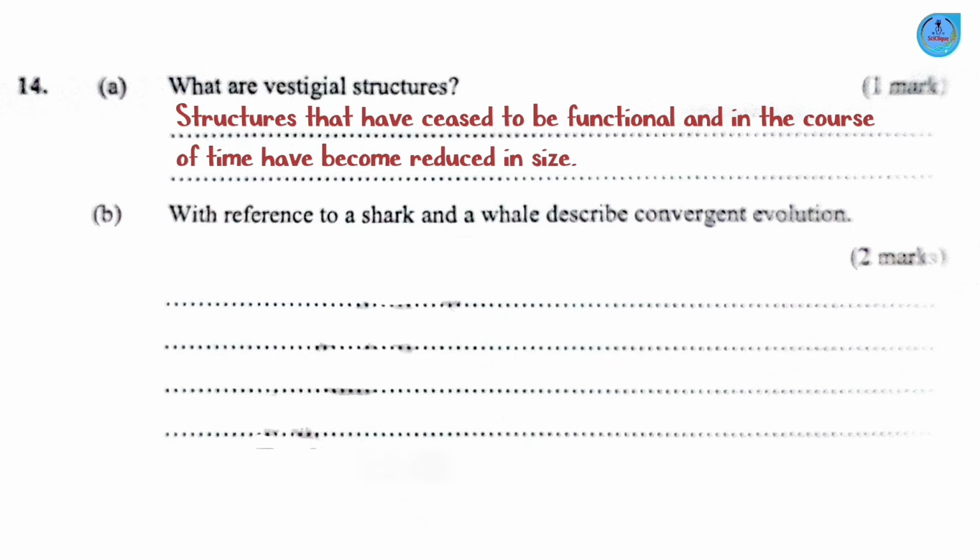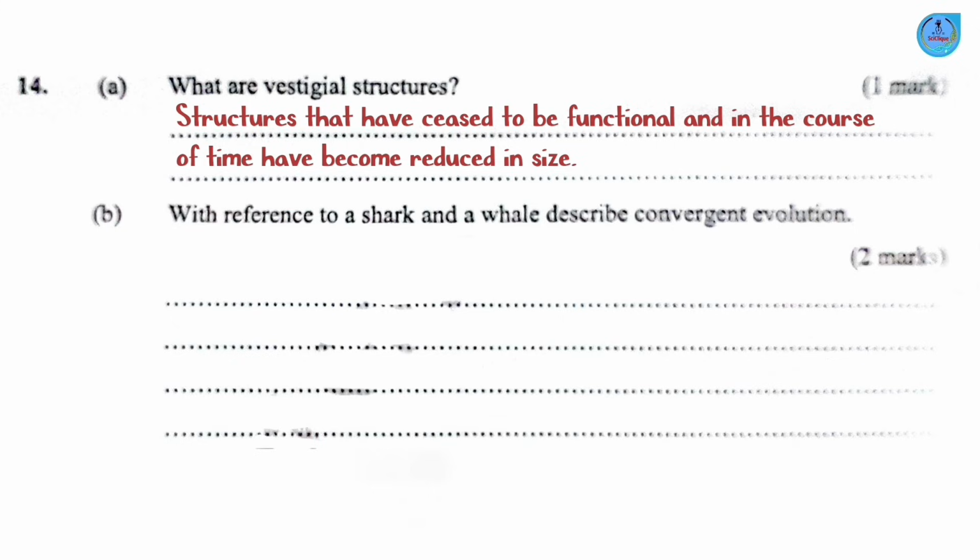Part B. With reference to a shark and a whale, describe convergent evolution. Now, sharks are fish, right? They belong to class Pisces. Whereas whales are mammals and therefore they belong to class Mammalia. So you can clearly see we have 2 organisms that belong to different classes.